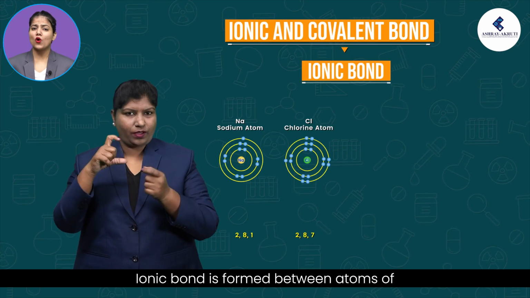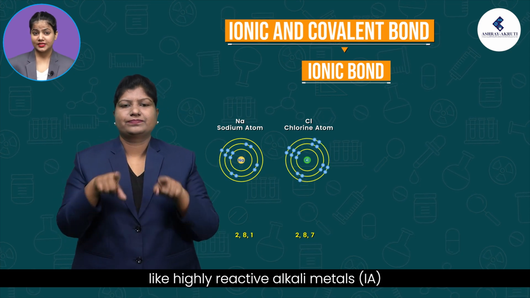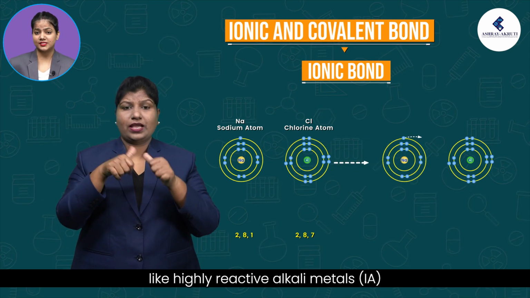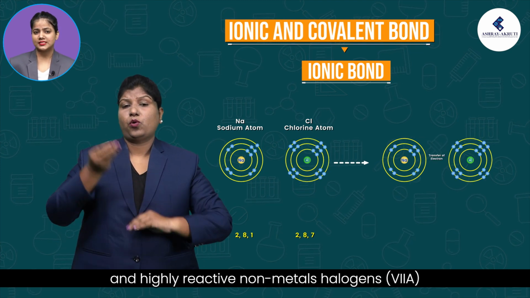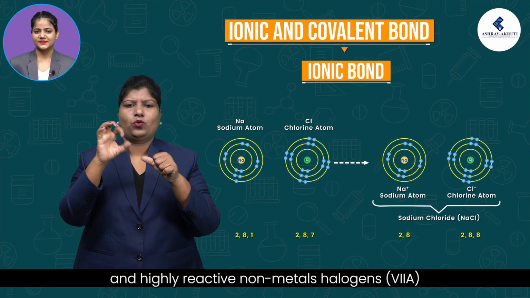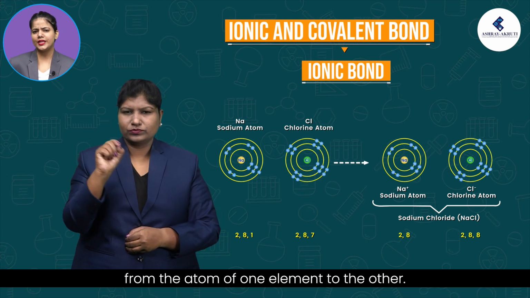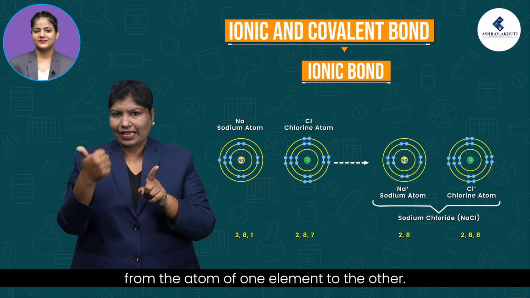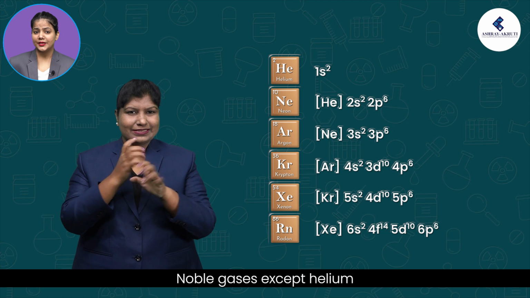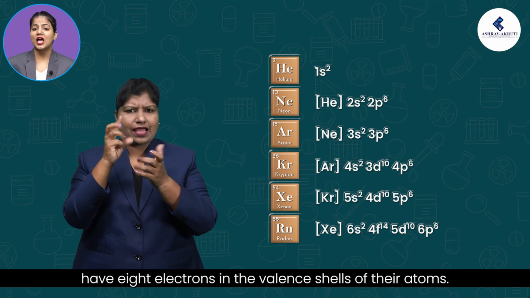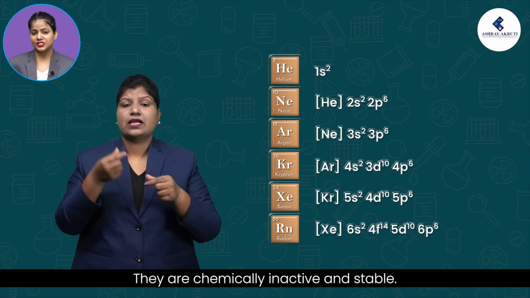Ionic bond is formed between atoms of two dissimilar elements like highly reactive alkali metals 1A and highly reactive non-metals, halogens 7A, due to transfer of electrons from the atom of one element to the other. Noble gases except helium have 8 electrons in the valence shells of their atoms. They are chemically inactive and stable.